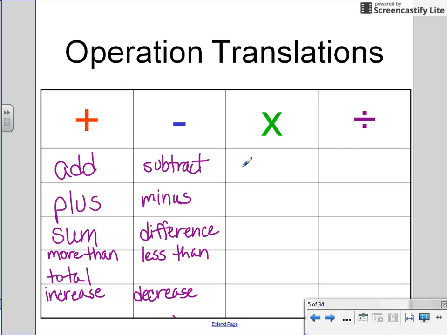Under the next one, you probably are thinking these 2 words initially, multiply or multiplication, a form of that word. When we read it out loud, we often say the word times. Product is another good word that indicates multiply. Just trying to think if there's some other ones here. These lists are probably going to be a little bit smaller than your first 2.